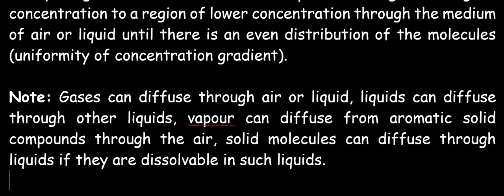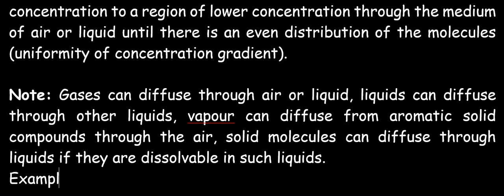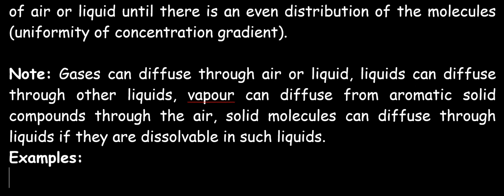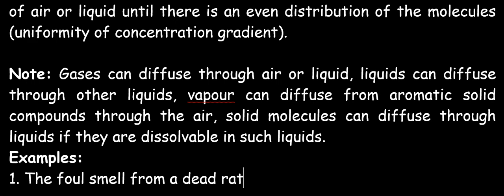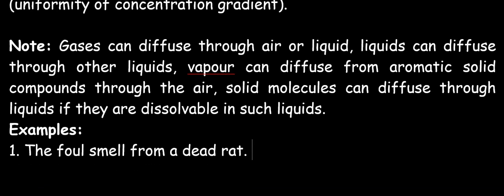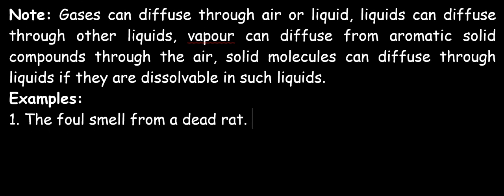Some examples of the cases of diffusion include: 1. The foul smell from a dead rat. When a rat dies, maybe in your house or in the classroom, you will notice that as time goes on, the smell becomes more intense.